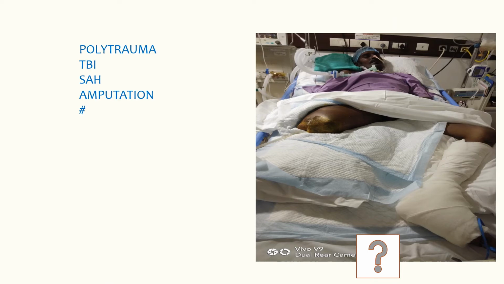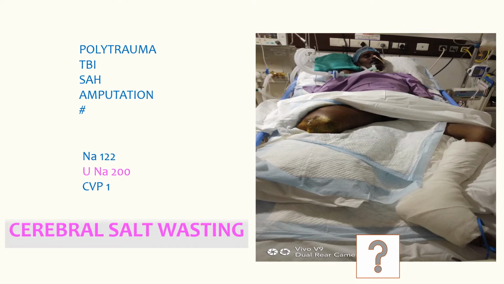Now this is a patient of polytrauma and traumatic brain injury with subarachnoid hemorrhage, amputation, fractures, and he has these lab features. CVP is only 1. So this is a patient of cerebral salt wasting, and because he's had traumatic brain injury and subarachnoid hemorrhage, he's having cerebral salt wasting.